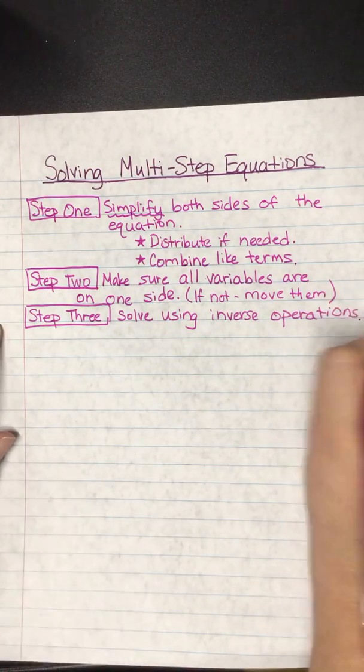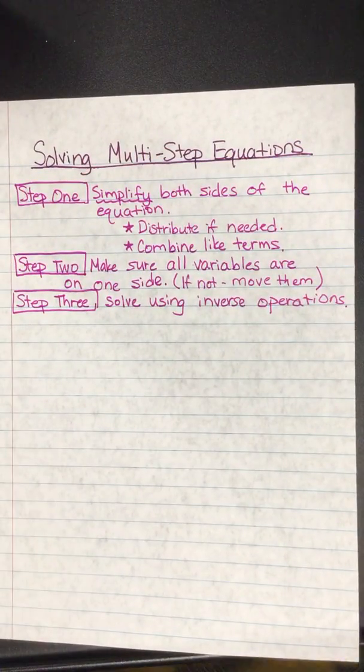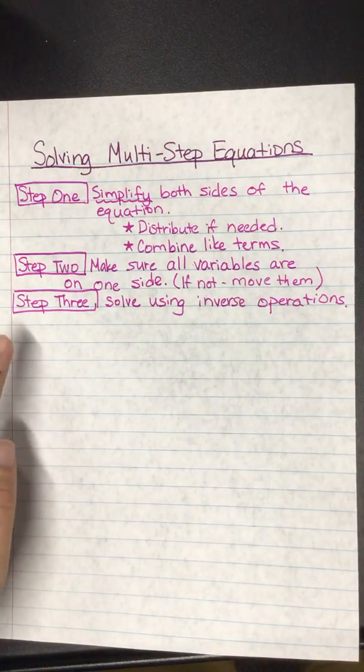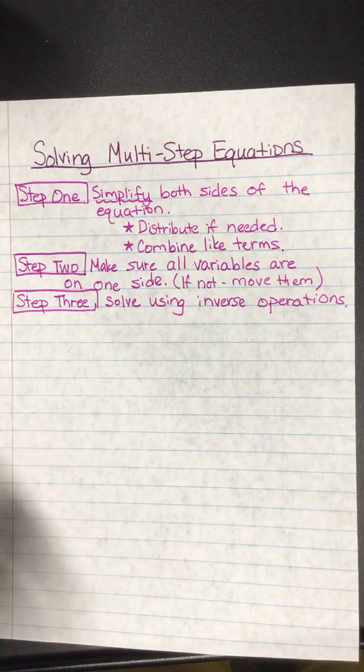So after we've simplified the equation and put all the variables on the same side, then we're going to see something that looks familiar, either a 1 or 2 step equation, and that's when we can start adding or subtracting our constants and then multiplying or dividing our coefficients, okay? So we need to get to the point where we can recognize when we're ready for this. All right?